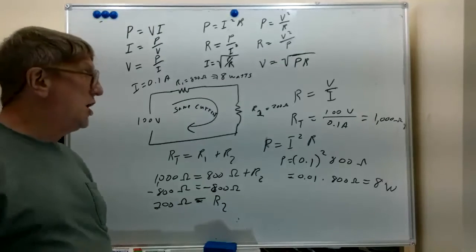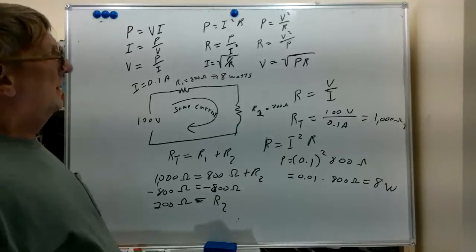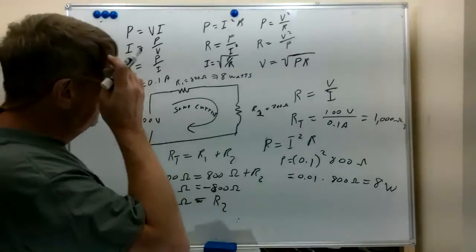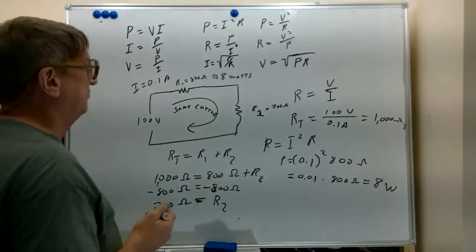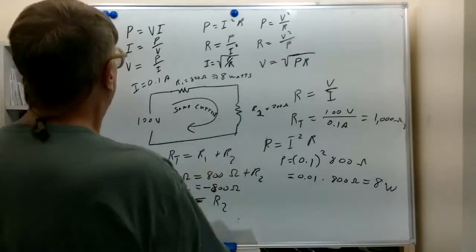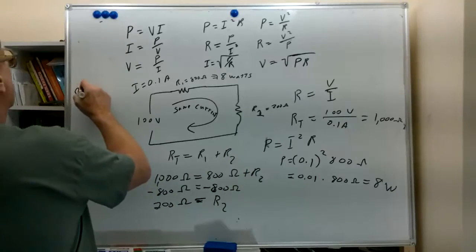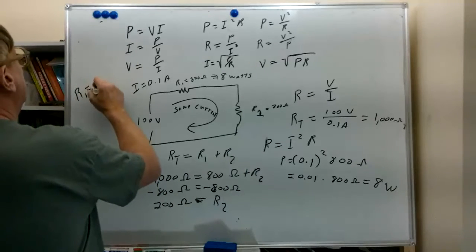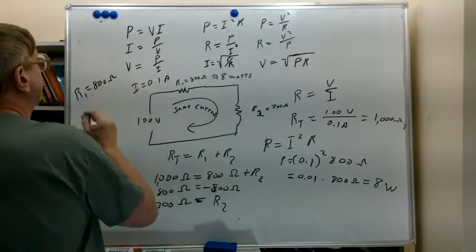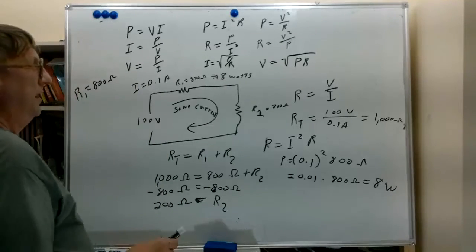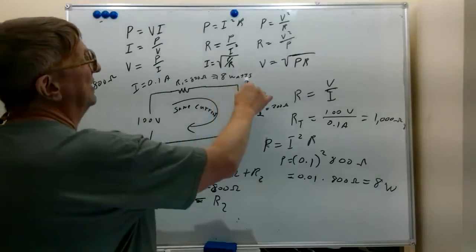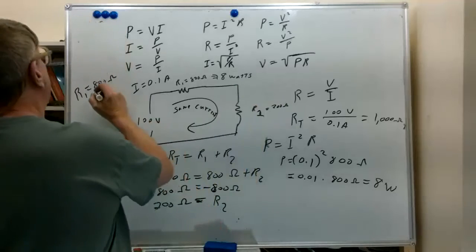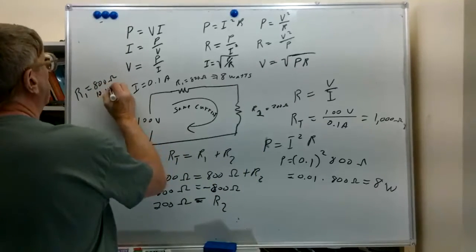It's hard to find carbon resistors that are greater than 5 watts, so we will probably end up choosing a wire wound resistor. For R1, we're going to have an 800 ohm, and we're probably going to find a 10 watt.